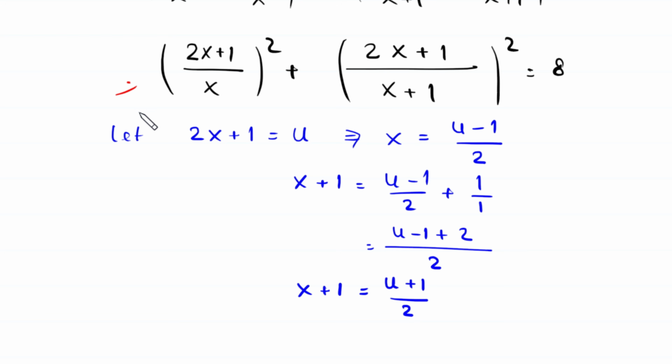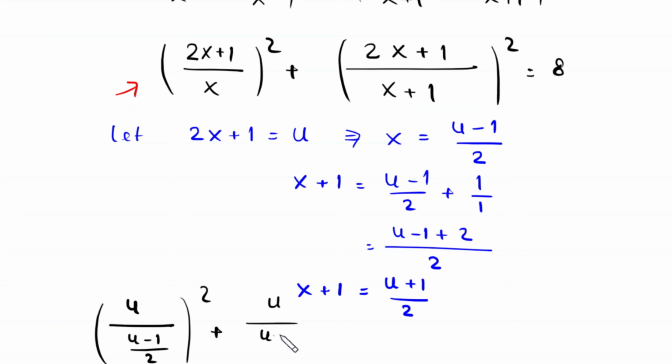So this equation will become (u divided by ((u minus 1) over 2)) whole squared plus (u divided by ((u plus 1) over 2)) whole squared equal to 8.